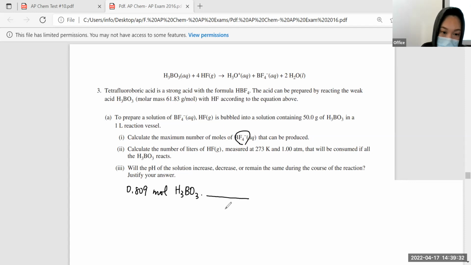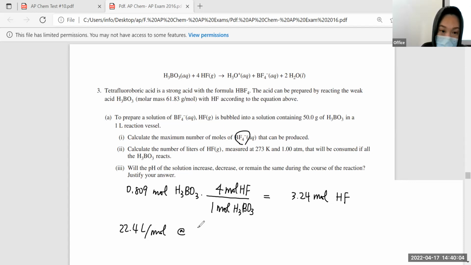So for every 1 mole of H3BO3, I'm going to need 4 moles of HF. So that's 3.24 moles of HF. Right, liters is 22.4 liters per mole at STP.